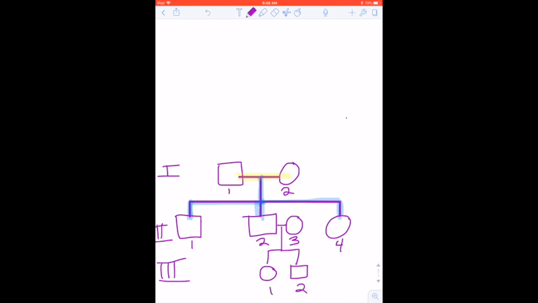Now, if I refer to these people, if I say person 3, 2, if I'm looking for that particular person, person 3, 2, well, when I look for generation 3 at the bottom and person 2, this would be that person.